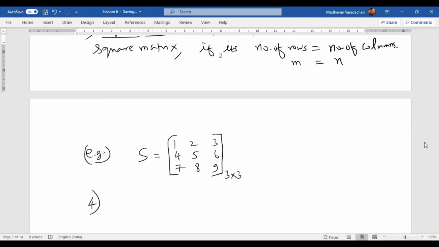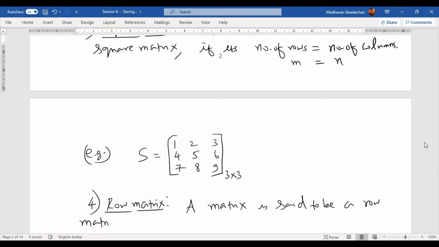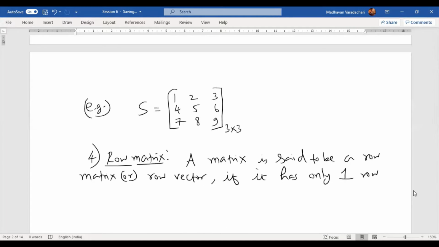And the fourth one is row matrix. A matrix is said to be a row matrix or row vector if it has only one row, irrespective of the number of columns.